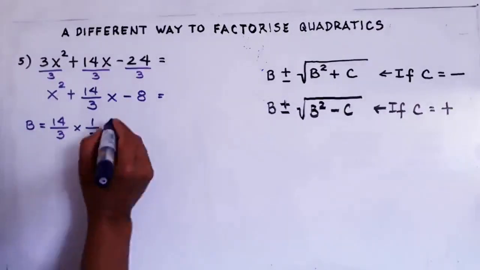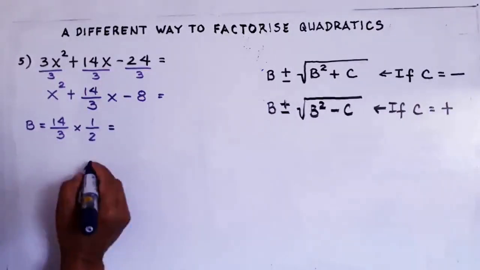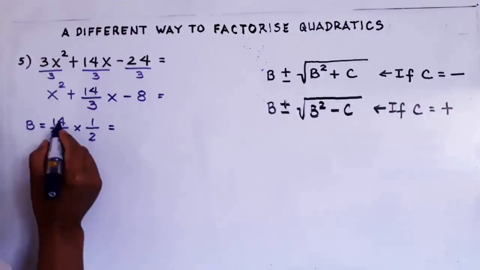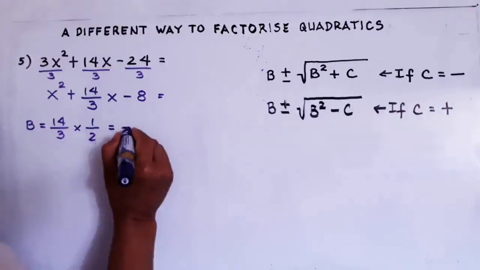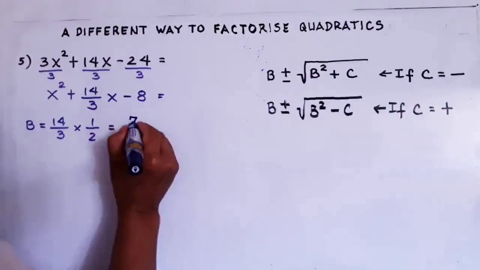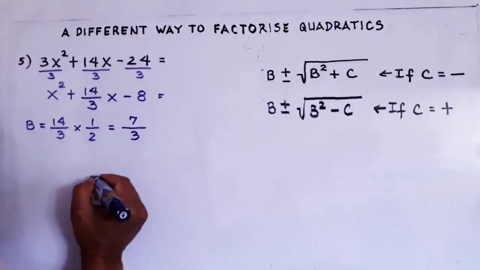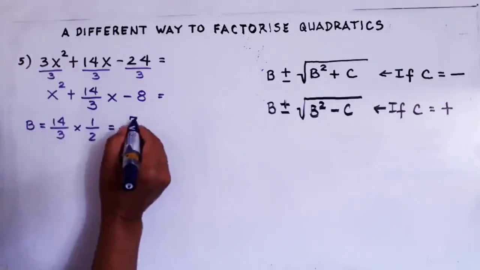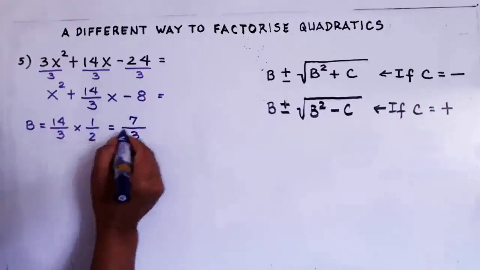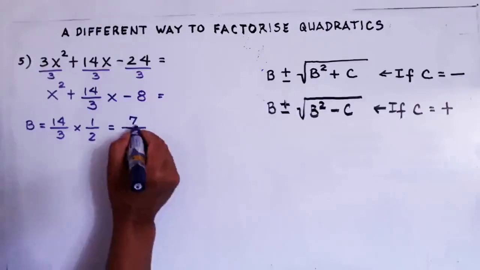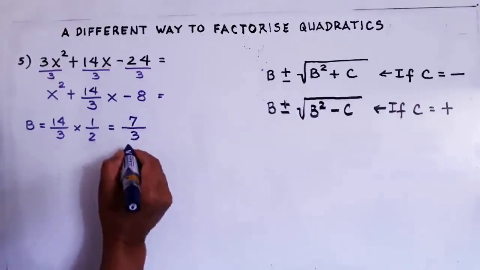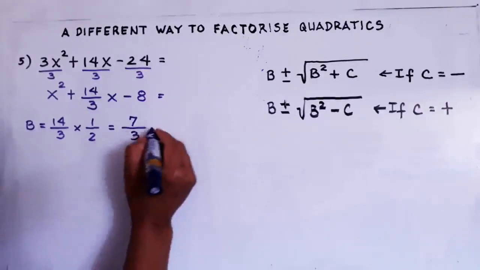So then we multiply, we can cancel if you want. 14 and 2 gives us 7, and then we have the 3 here. Or 14 times 1 is 14, 3 times 2 is 6. 14 over 6, lowest term is 7 over 3. Okay, that is 7 over 3.